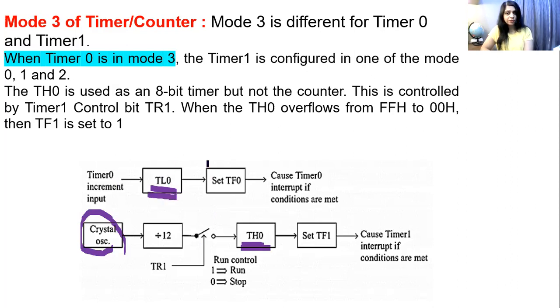Here when it overflows, it sets timer flag 0, and here when it overflows, it sets timer flag 1. That means timer 1's flag, and it will cause the timer 1 interrupt, and the other will cause the timer 0 interrupt. And that is the reason we cannot use timer 0 and timer 1 both in mode 3 at a time.